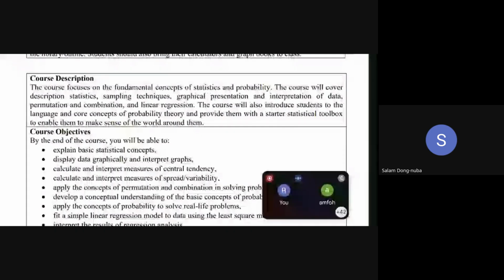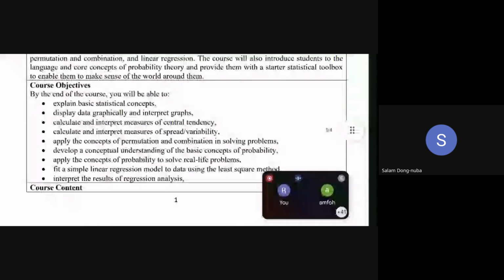When we talk about statistics, we can't take away collection of data and interpreting the data. We also look at permutation and combination and linear regression. It is also supposed to introduce you to the language and core concepts of probability theory and provide you with a statistical toolbox to enable you to make sense of the world around you.